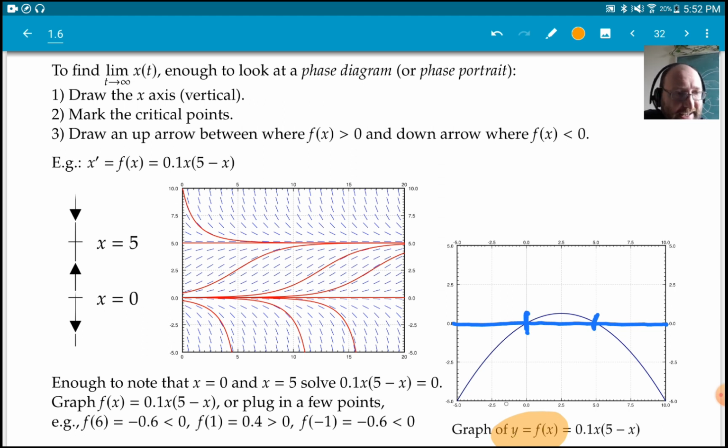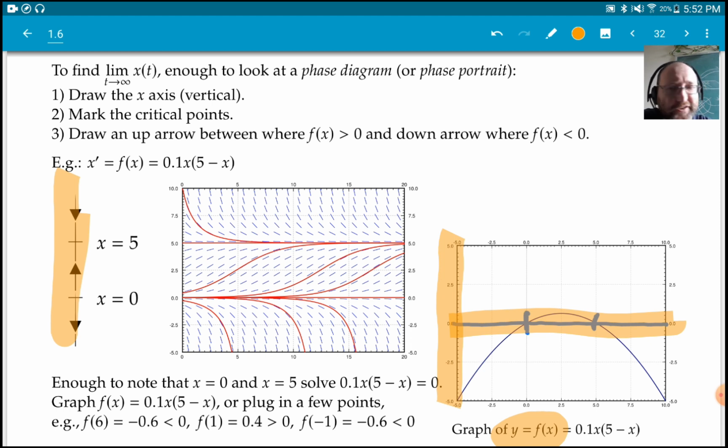So here, the x-axis is horizontal, and the y-axis is vertical, right? So it's opposite. Well, there is no y-axis over here, but the x-axis here is horizontal. Here, it's vertical, right? Because when we're graphing f of x equals y, x is now the dependent variable.